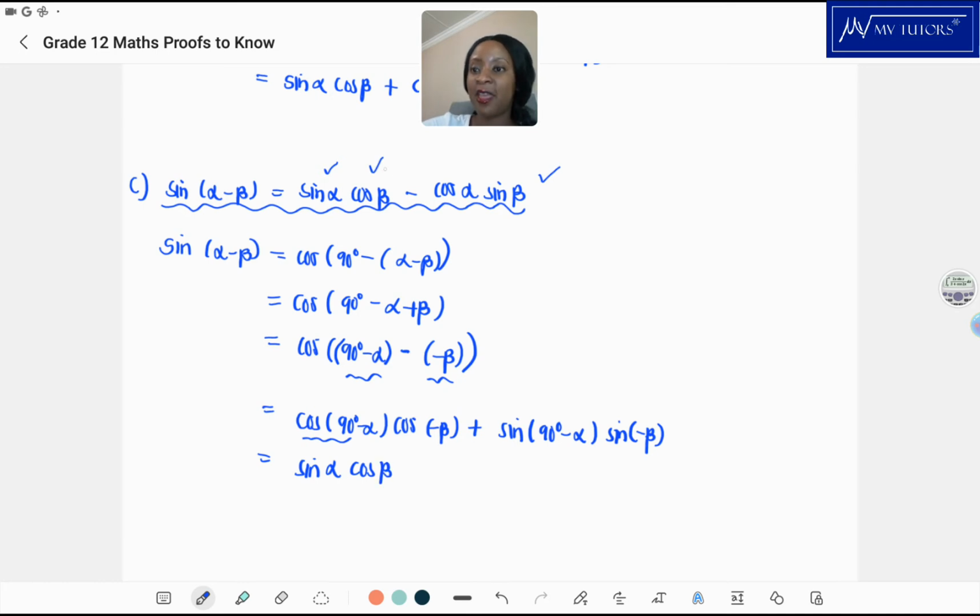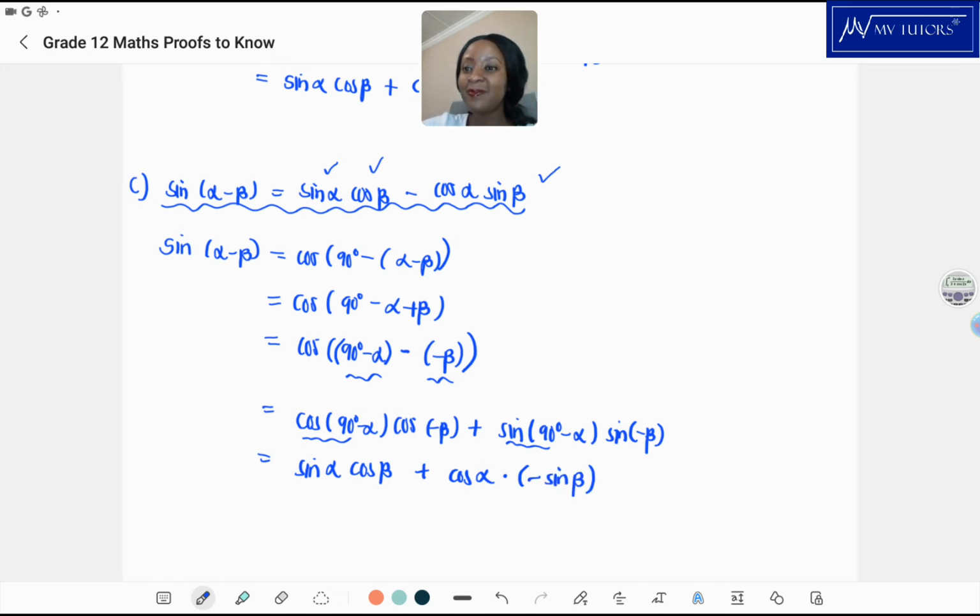So we have that one over there. Then you have plus, so sine 90 minus theta, the sine and the 90 turn into a cos. And it's in the first quadrant, so it's positive, so that's just cos alpha. And then the sine of a negative angle is equal to negative sine of that angle.